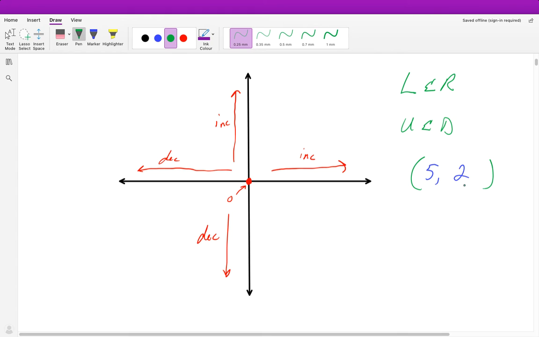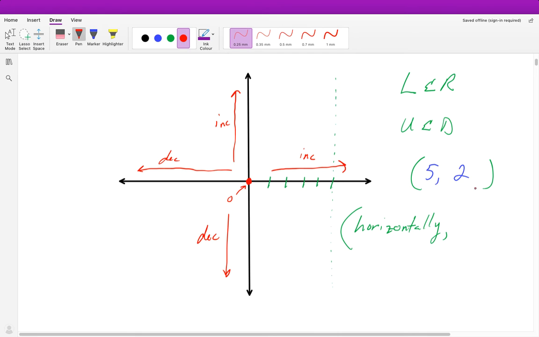The first one tells us how we are moving horizontally. So that means that in this 5, 2, we are moving horizontally in a positive 5 direction. So that means we're going 1, 2, 3, 4, 5. So I know that my first point is somewhere along this line where my horizontal value is equal to 5.